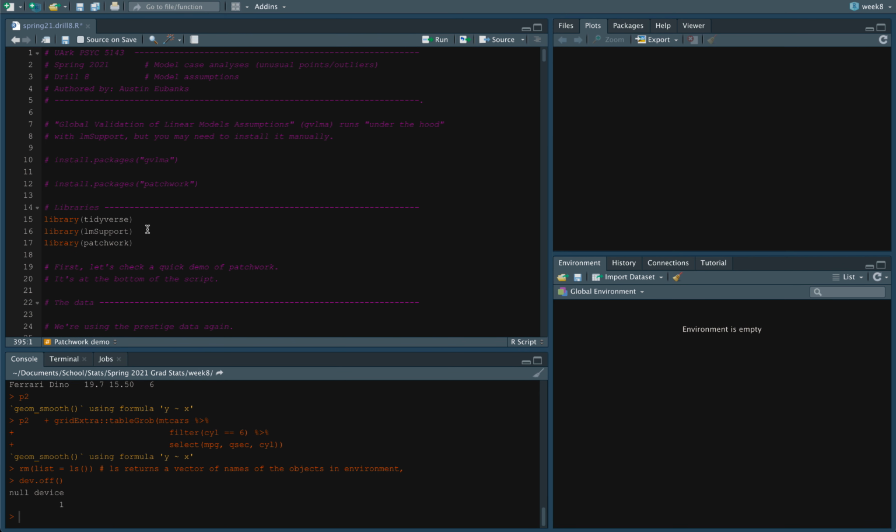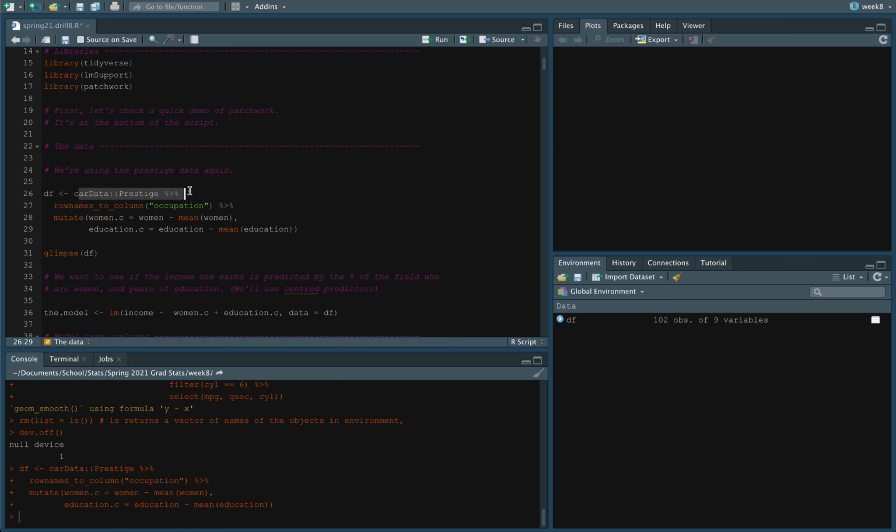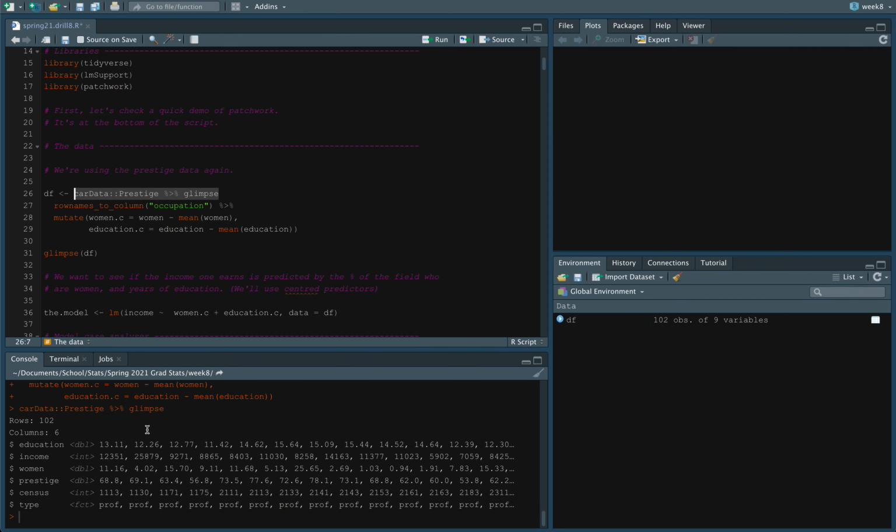But we're going to start with reading in our prestige data, and I just want to explain what I'm doing here, because you see that we end up with 102 observations of 9 variables. But if you just look at the prestige data, you'll see that it says there are only 6 columns.